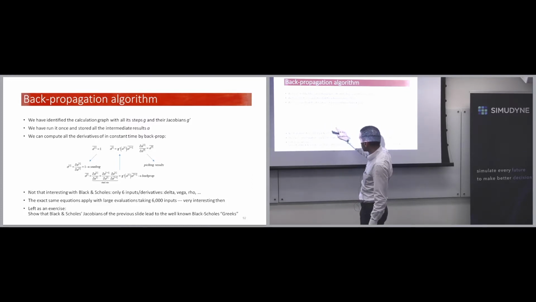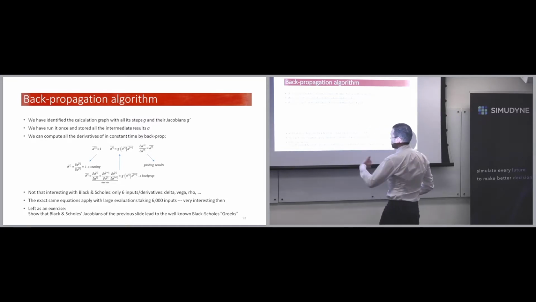Now, by the chain rule, I can split that into dA(l+1) over dA(l), and that's the Jacobian of A(l+1) to A(l), times dA capital L over dA(l+1), and that's by definition the adjoint of A(l+1).